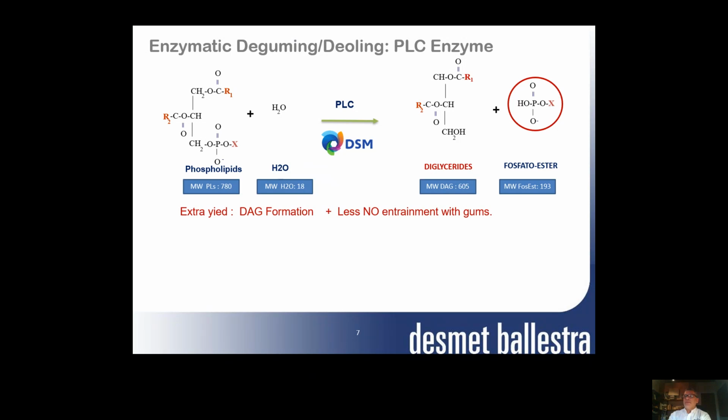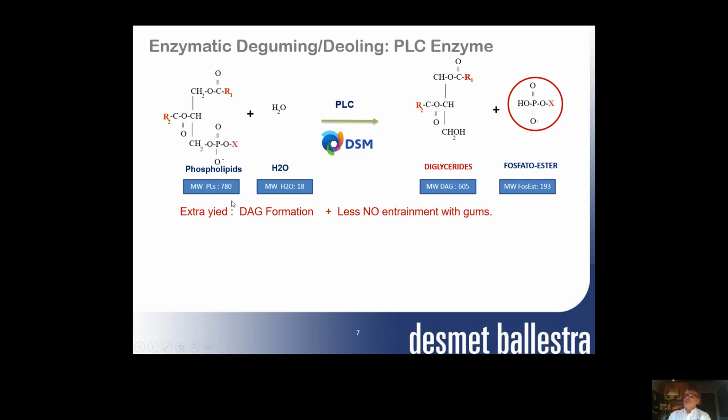Well, this is the enzymatic degumming treatment typically, which is starting from phospholipids. We are adding water and some enzyme, PLC in this case. We'll remove a phosphate ester with a low molecular weight, but recover a diglyceride with a very high molecular weight.